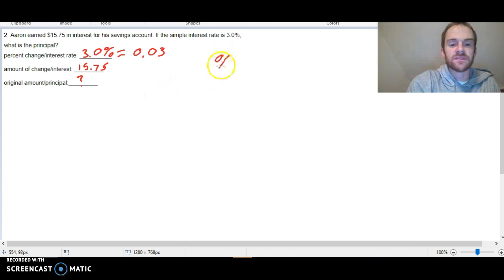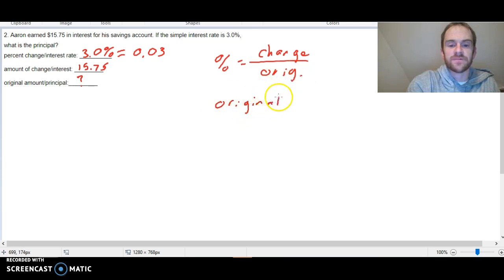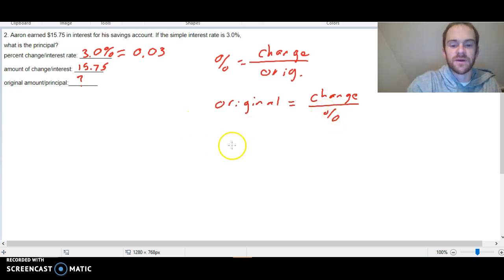Let me just make sure I get this right. I know percentage is equal to change over original. So that means to find my original amount, I'm going to take the change divided by the percentage. Okay, so now I can plug in my numbers.